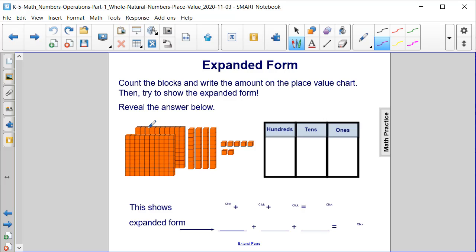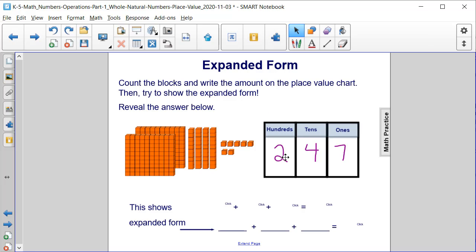And we have 2 hundreds sets of blocks. So let's fill in a 2 in the hundreds place. And then we have 1, 2, 3, 4 stacks of tens. So we have 4 stacks of tens. And we have 1, 2, 3, 4, 5, 6, 7 individual blocks, and they represent ones.